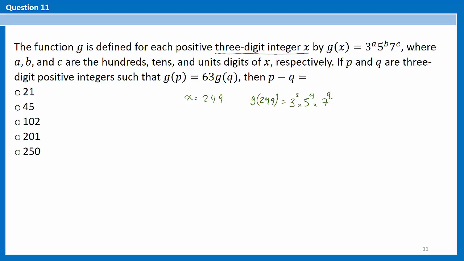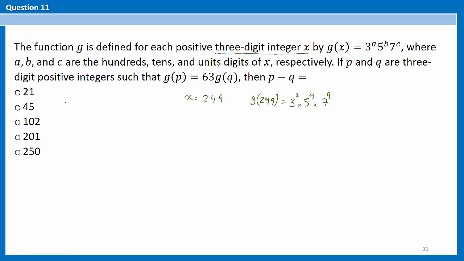So if x is a 3-digit integer, all of the digits of x are the exponents of 3, 5, and 7. Now, they're telling me that g of p equals 63 times g of q.